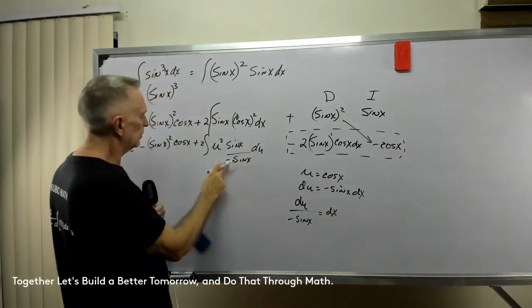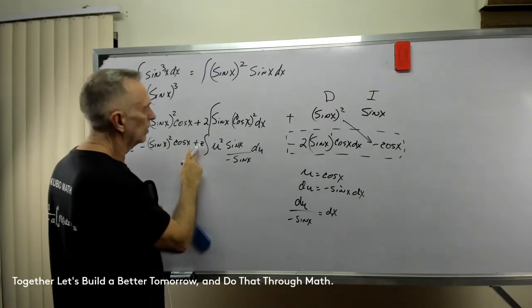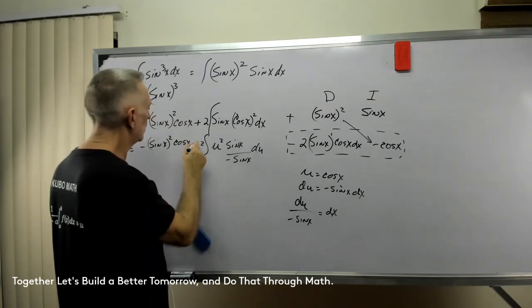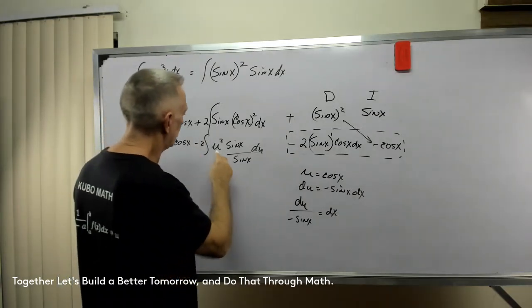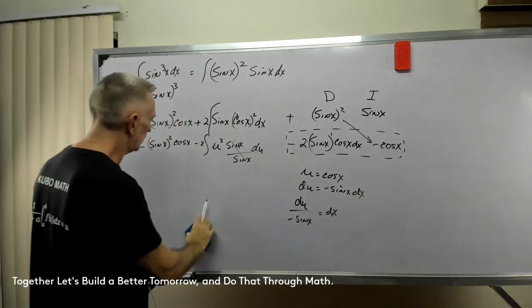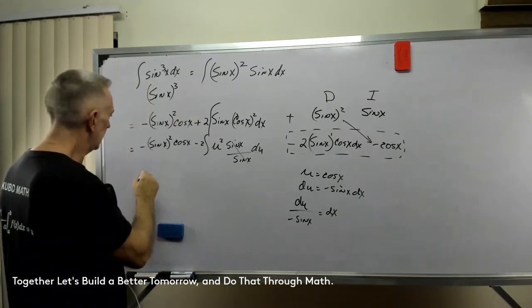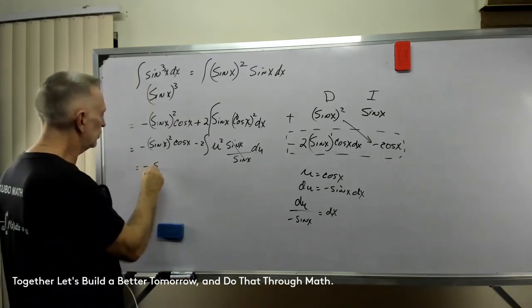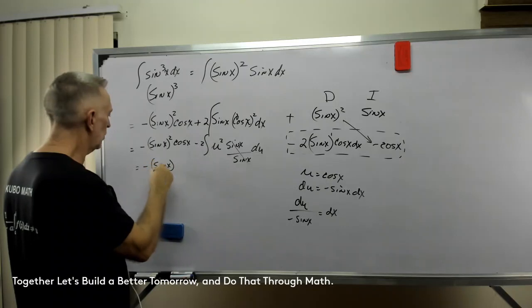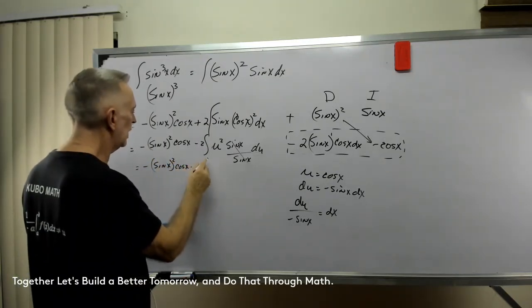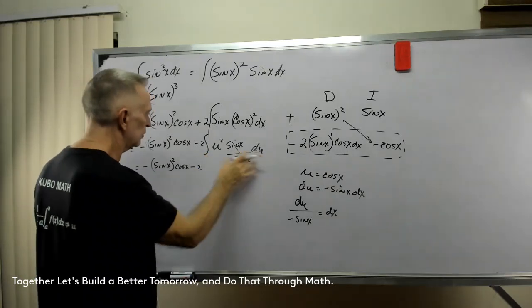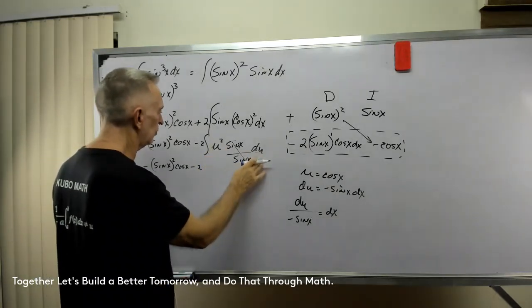Now I'm going to move this negative out here, or I'll lose it if I'm not careful. Okay, so u squared, the sine x's cancel, and I end up with minus sine x squared cosine x minus 2 times the integral of u squared du.